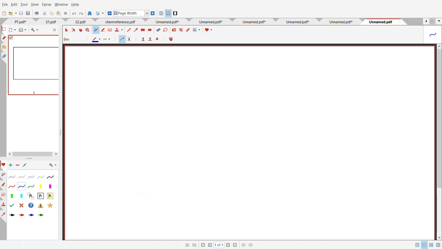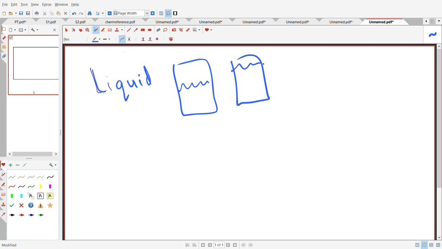We're going to talk about a liquid. If you think about it, if we have a glass of water, maybe we're going to fill it this high, maybe we're going to fill it this high. So it has a definite volume, right?